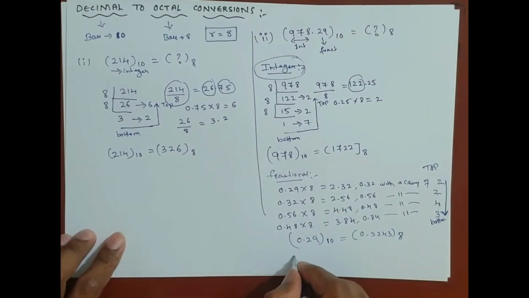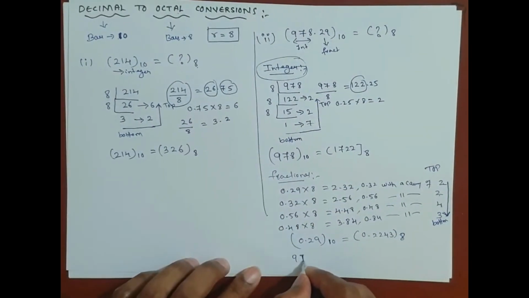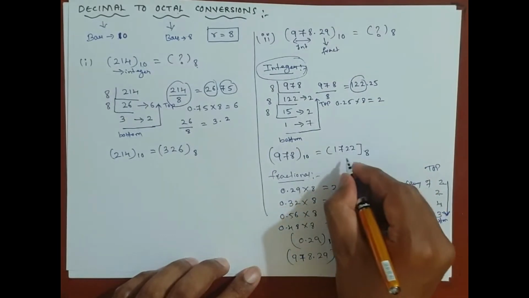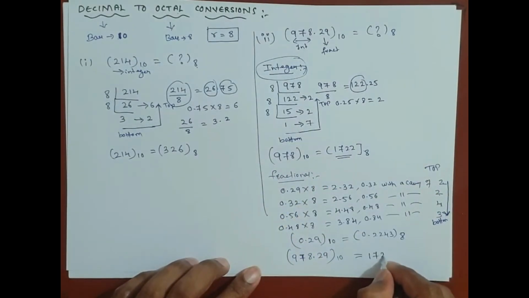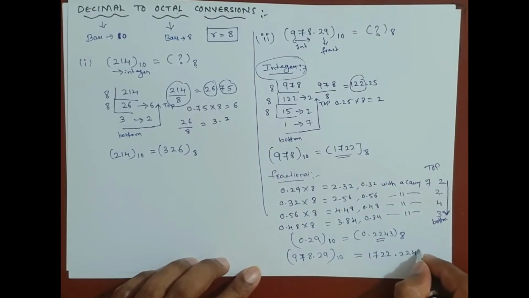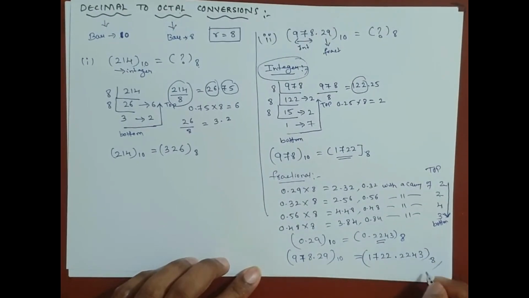The combined answer is 978.29 in decimal can be written as 1722.2243 in octal. This is the final answer.